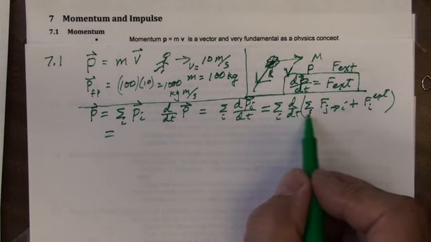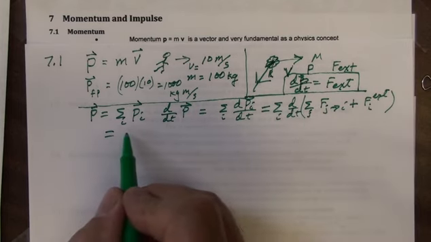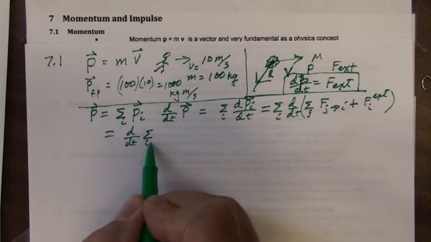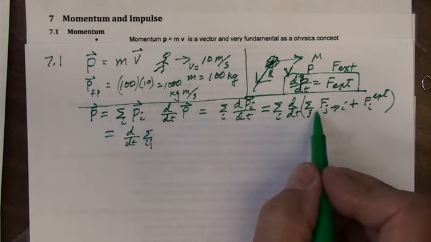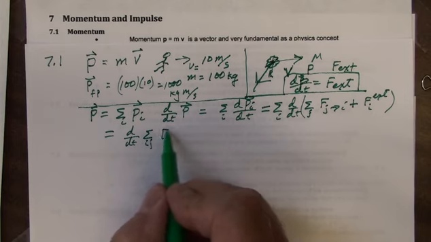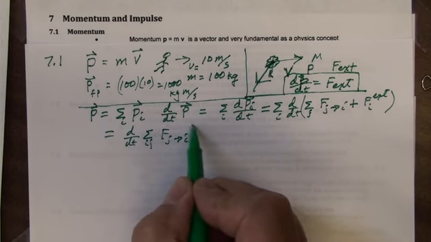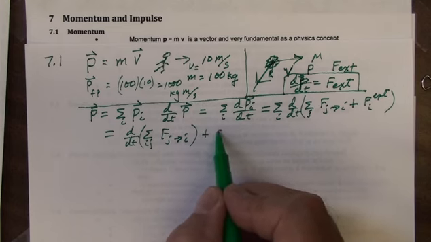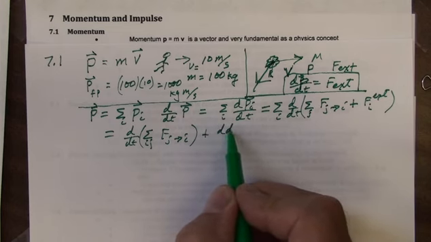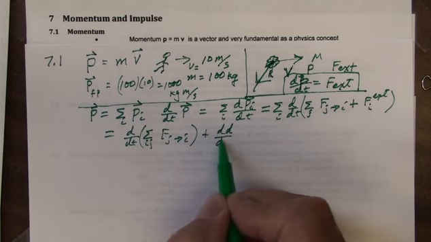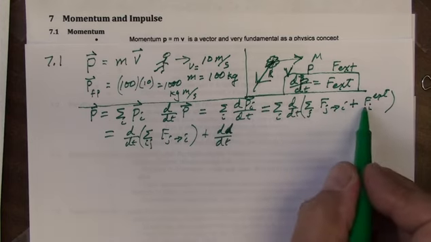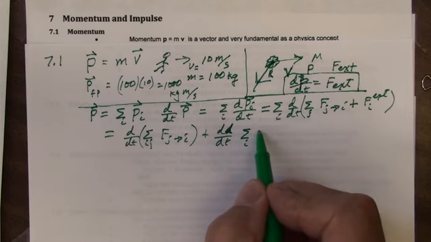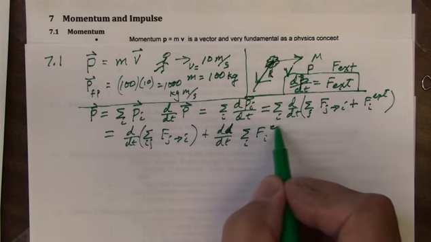Now if we add all this up, what we get is d by dt of the sum over i and j. I've moved the sum over i to the sum over j of F_j onto i, plus d by dt of the sum over i of the forces external.